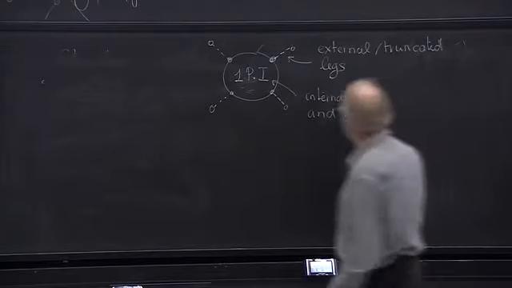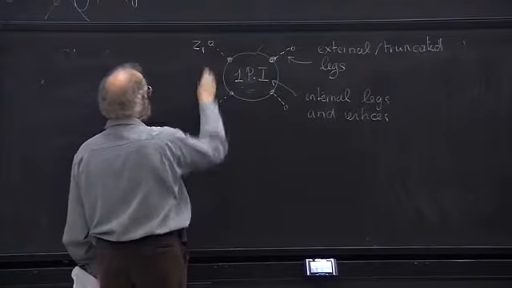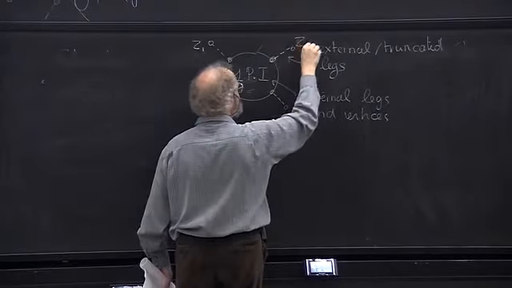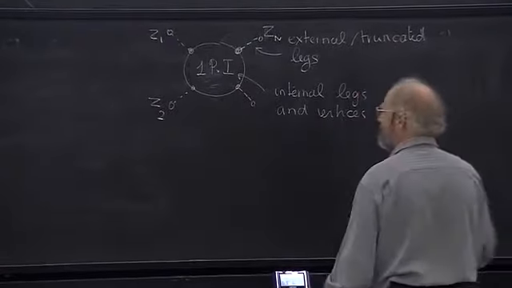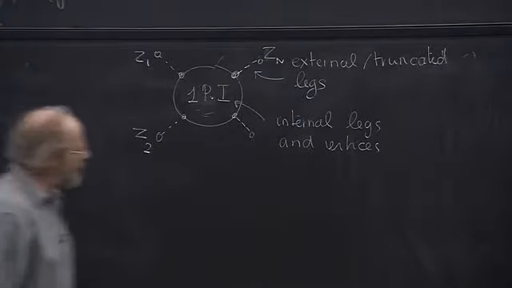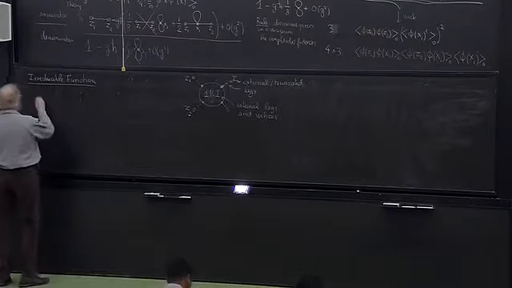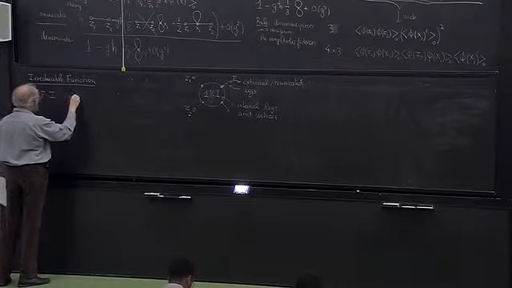So again, an irreducible graph has external vertices up to the n. It has internal vertices. But I'm going to define what is so far one particle irreducible graph.